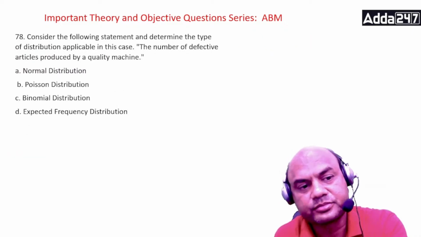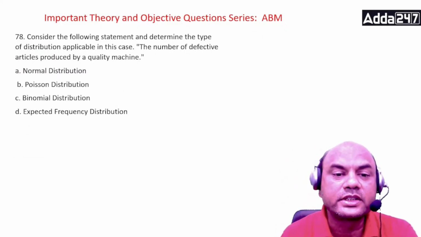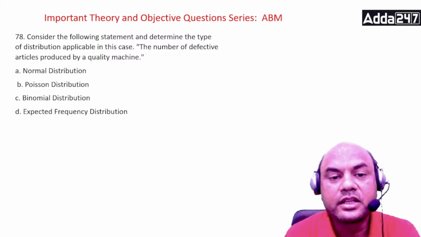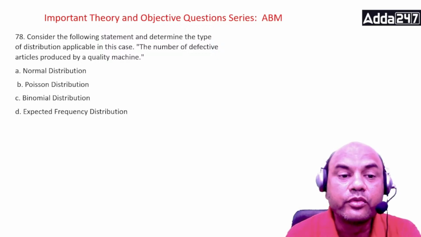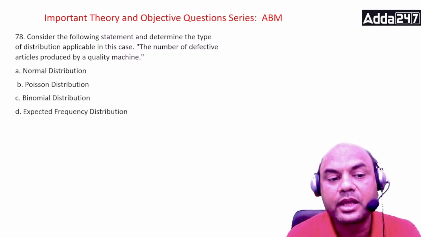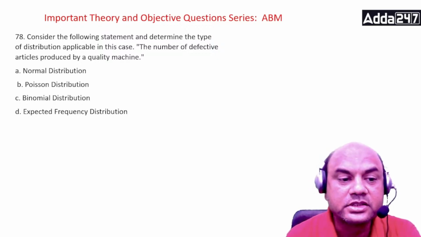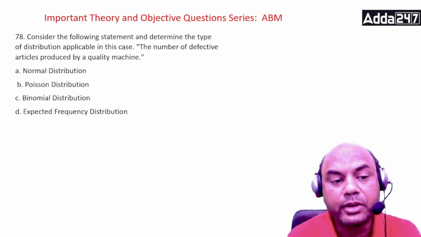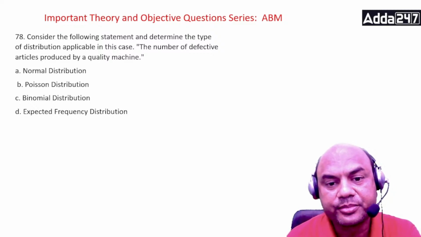Got it? Consider the following statement and determine the type of distribution applicable in the case. The number of defective articles produced by a quality machine. So which type of distribution will be applicable over here? Normal distribution, Poisson distribution, binomial distribution, expected frequency distribution.